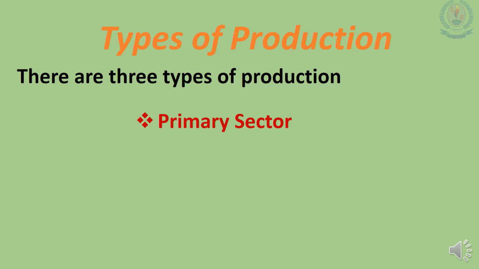That is the primary sector. It is the first stage in any production process. As examples, we can say farming, forestry, fishing, mining. Those are the examples for the primary sector.